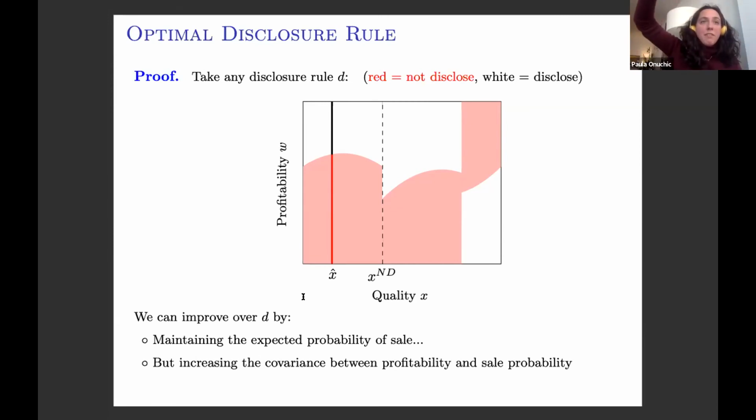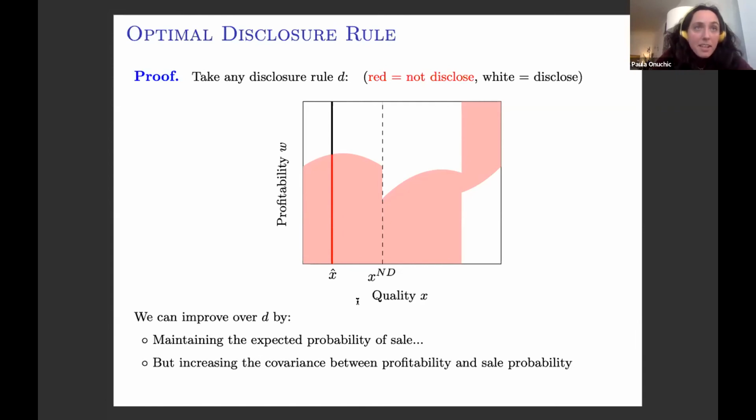I am disclosing for high values of the profitability. But because this X hat is below X ND, I'm better off whenever I get the non-disclosure, right? Upon non-disclosure, the receiver would think that the quality is X ND and would buy it with probability Y of X ND. And upon disclosure, he would think that the quality is X hat and would buy it with probability Y of X hat, which is smaller than Y of X ND, okay?